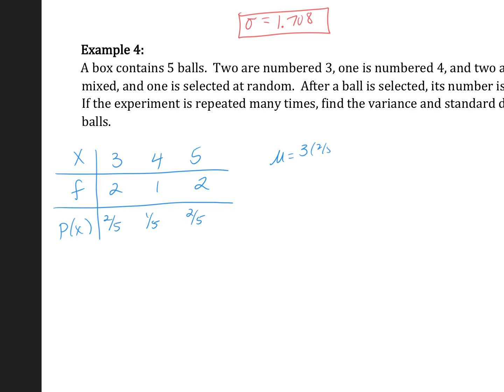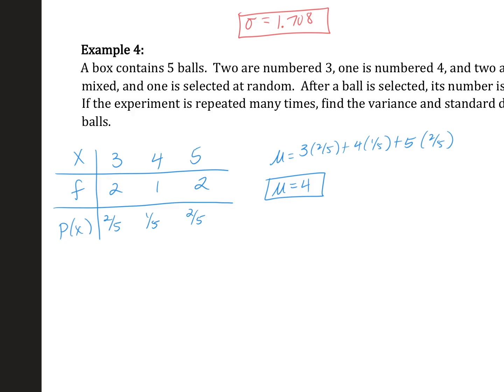3 times 2/5 plus 4 times 1/5 plus 5 times 2/5. And you should get 4.